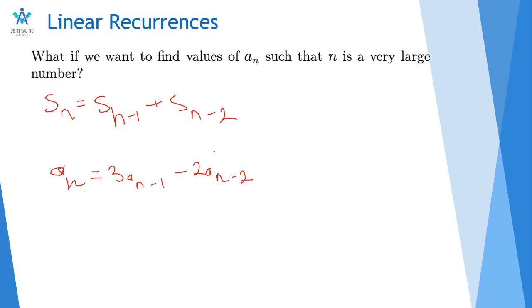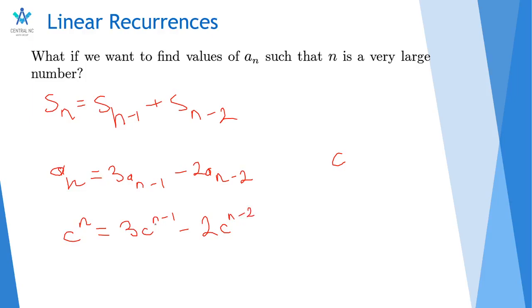The method for this is to substitute in c to the exponent of the subscript. And you'll see why this works out later. So in that case, this would be c to the n is equal to 3c to the n minus 1 minus 2c to the n minus 2.